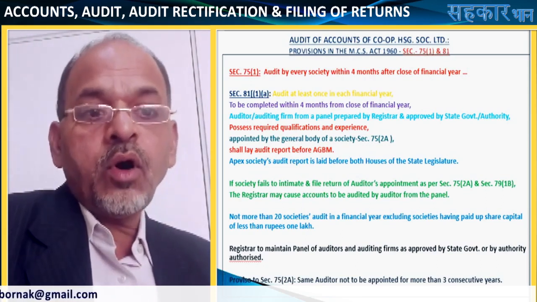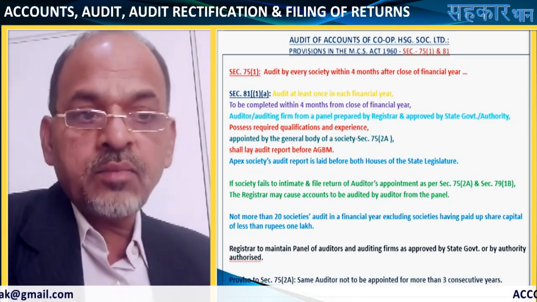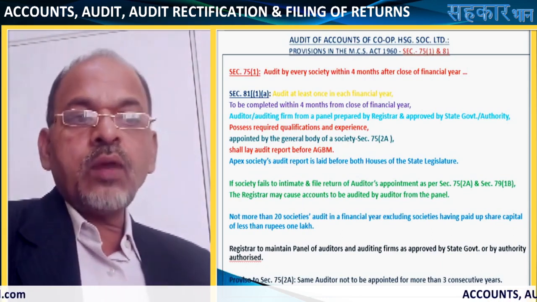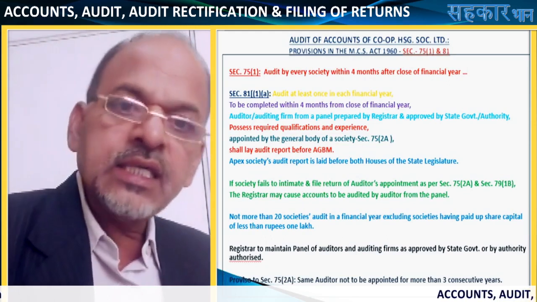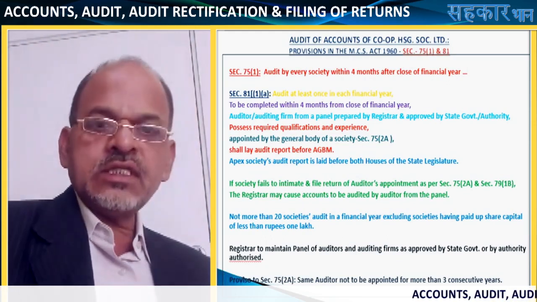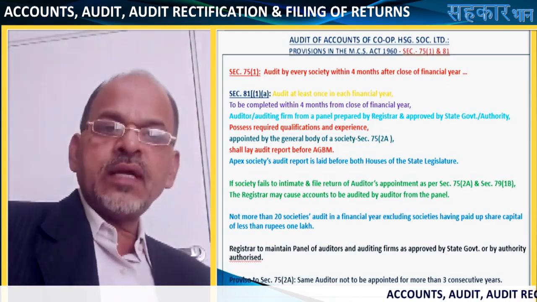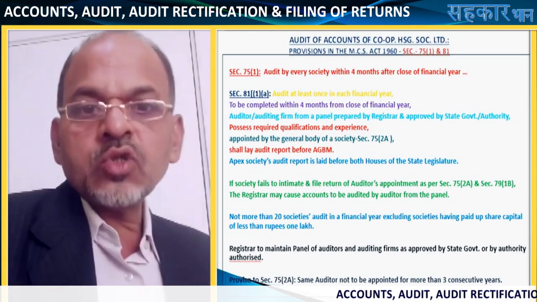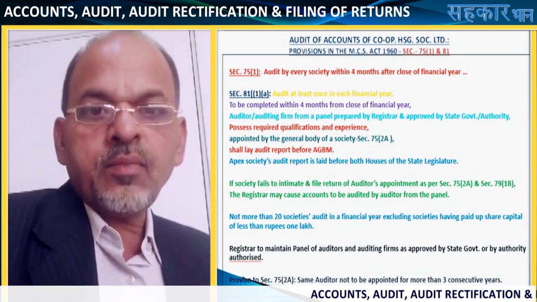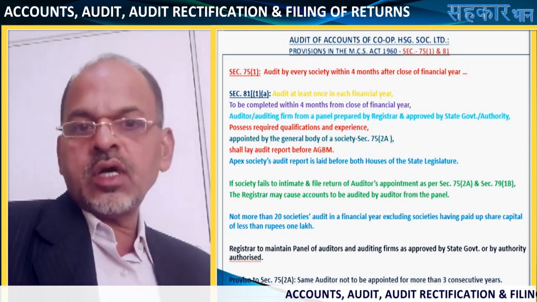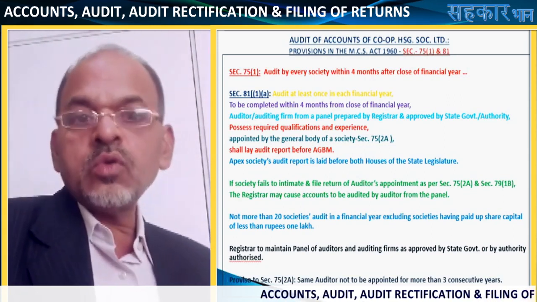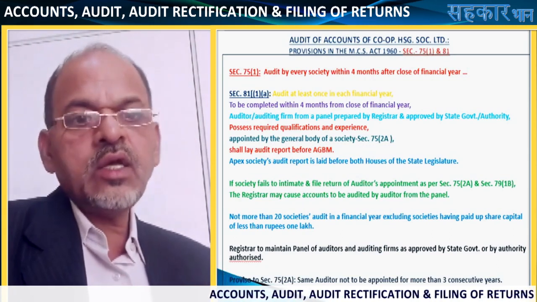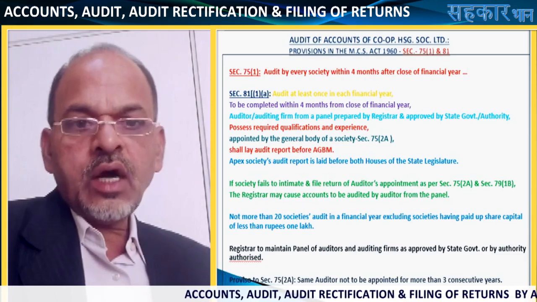Means the registrar must keep a panel of auditors ready so that the societies can appoint the auditors or auditing firms whose names are there on the panel of the auditors.